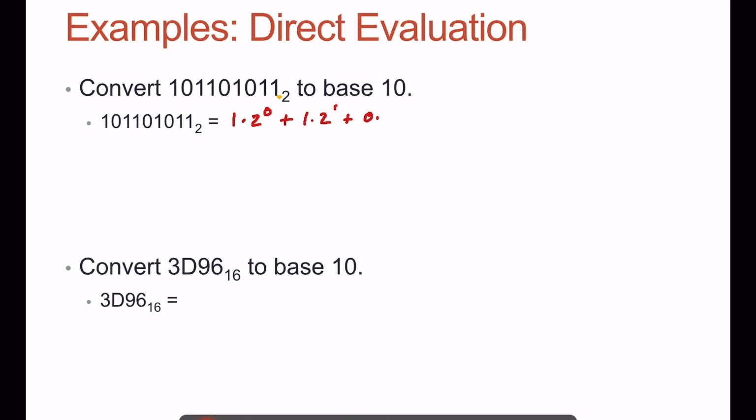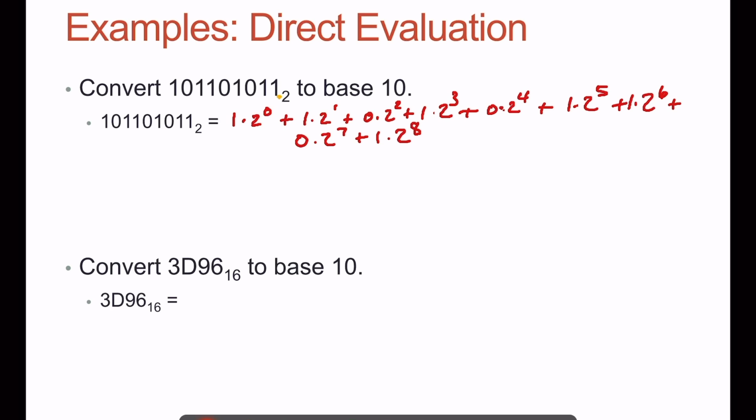Then 0 times 2 squared, plus 1 times 2 to the 3rd, plus 0 times 2 to the 4th, plus 1 times 2 to the 5th, plus 1 times 2 to the 6th, plus 0 times 2 to the 7th, plus 1 times 2 to the 8th.